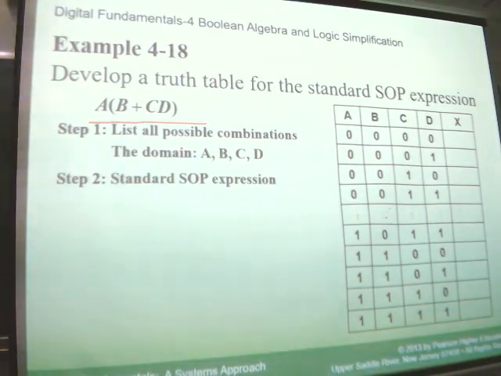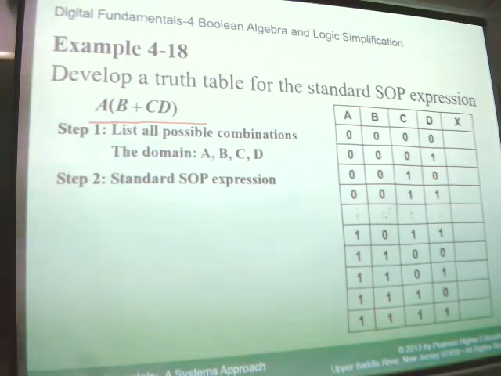C plus C bar equals 1, you know? So they equal ABC plus ABC bar, by the distributive law.